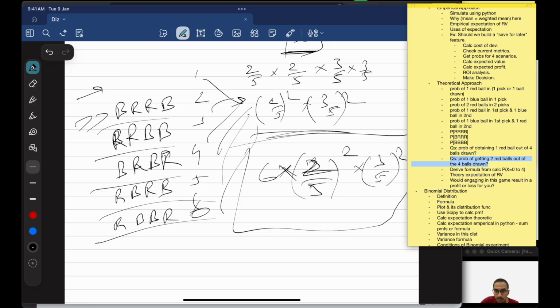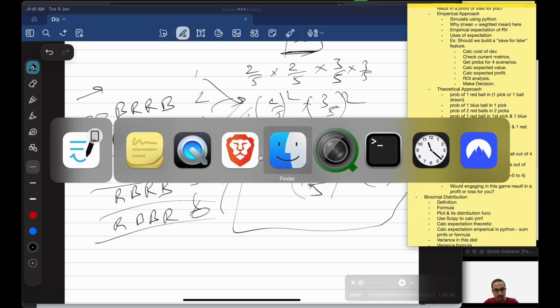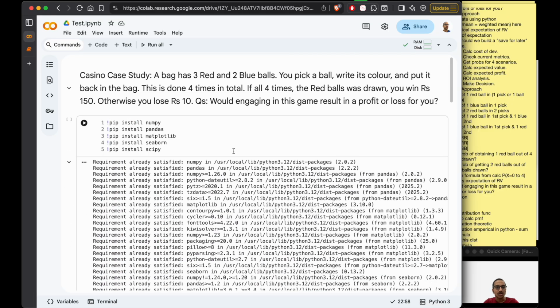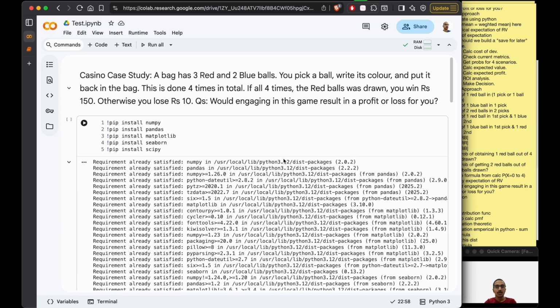Right, I hope that was clear. Now, getting back to our original question, these are all dummy questions right now. This is just for understanding the main question, which is: the probability of winning is if we draw all 4 balls as red, right?